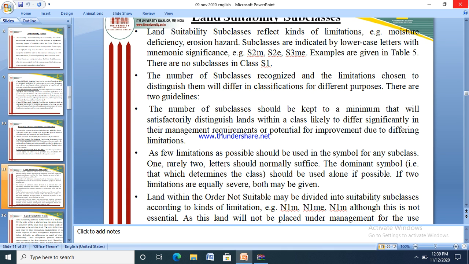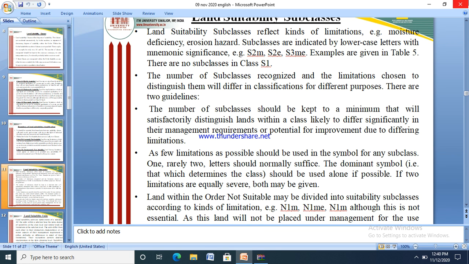As few limitations as possible should be used in the symbol of any subclass. One, rarely 2 letters should normally suffice.